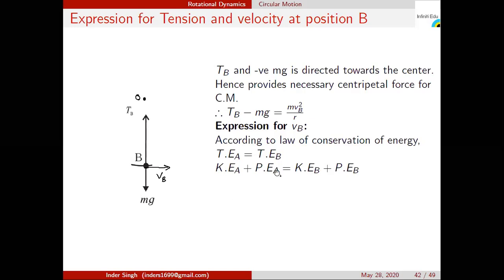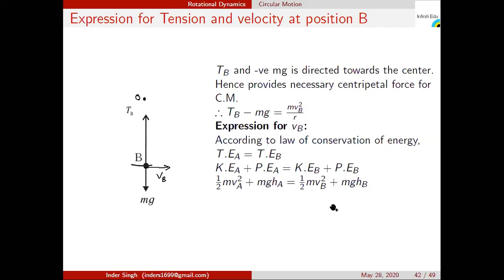Then we substitute the kinetic energy formula and potential energy formula. Kinetic energy is half mv square, potential energy is mgh. So half mv square at position A plus mgha, because height is changing, velocity is changing, mass is not changing. This is vb square, which is to be calculated, and this is hb.